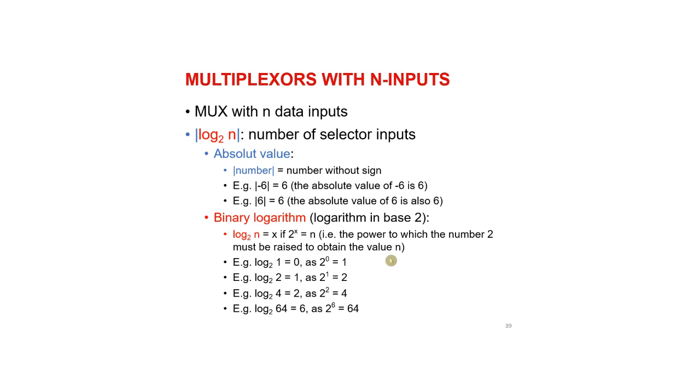But if we have more data inputs in the multiplexer, let's say I have 4 data inputs, then I will need 2 selectors. If I have, for instance, 64 data inputs in my multiplexer, then I will need 6 selectors, and this number is obtained with this formula here, with this equation.